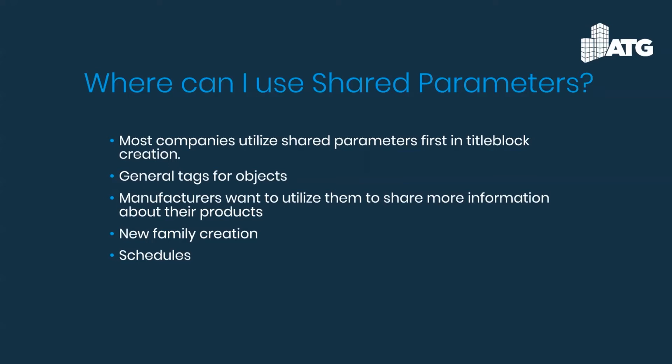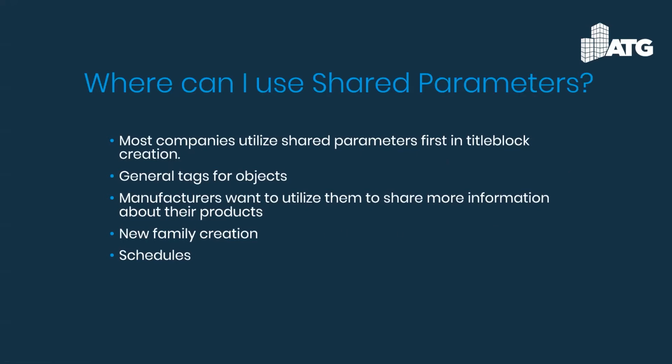They don't want the generic stuff that you get right out of the box from Revit. They want their data, their links to their site and to spec sheets, so that when you download it, you have all that information. So they're adding those shared parameters into their families.